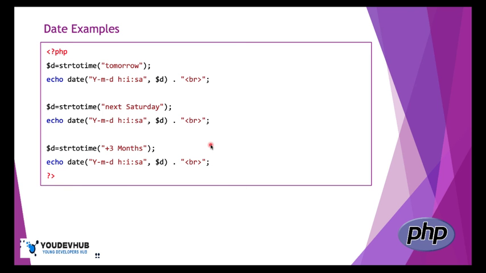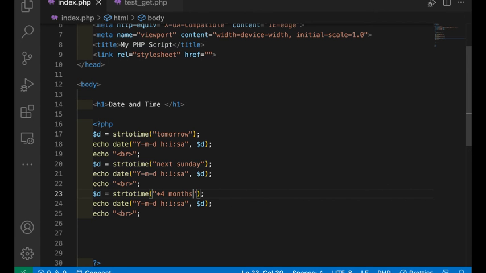Next, we have examples of dates that we can use with strtotime. We can say tomorrow, it will recognize what tomorrow is and it's going to echo out what it is. We can say next Saturday, we can say plus 3 months, and let's see what they do. Alright, so we have tomorrow, next Sunday, and plus 4 months from now.